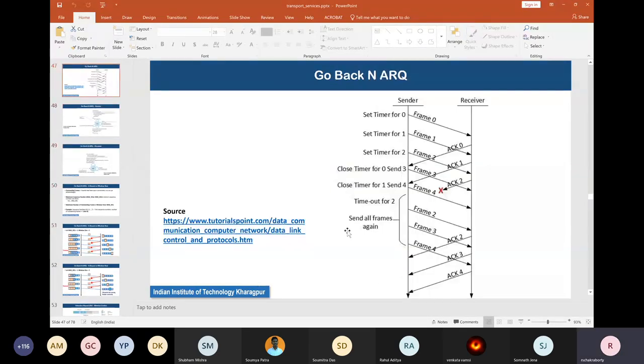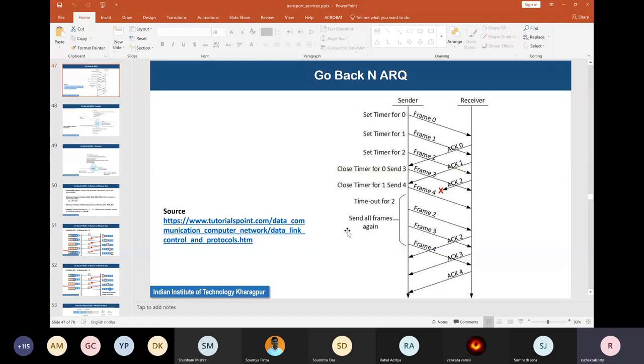By the way, the receiver side acknowledgement for Go-Back-N ARQ is a cumulative acknowledgement. What is meant by cumulative acknowledgement is that if I send the acknowledgement number, say 2, it tells the sender that the receiver has received everything between 0 and 2, that is 0, 1 and 2.